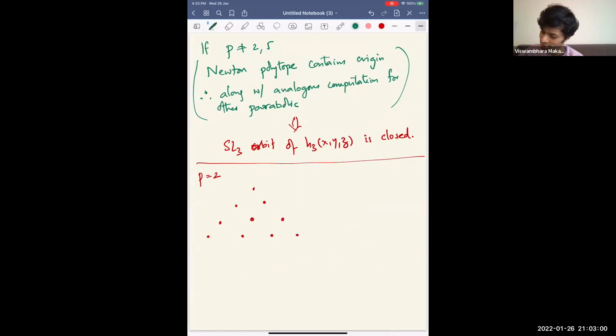So when p is 2, it's just this guy here, this guy here, this guy here, this guy here. So that's the polytope. And the center is on the edge. Okay, so that's great. So in this case, the origin is on the boundary of the Newton polytope.